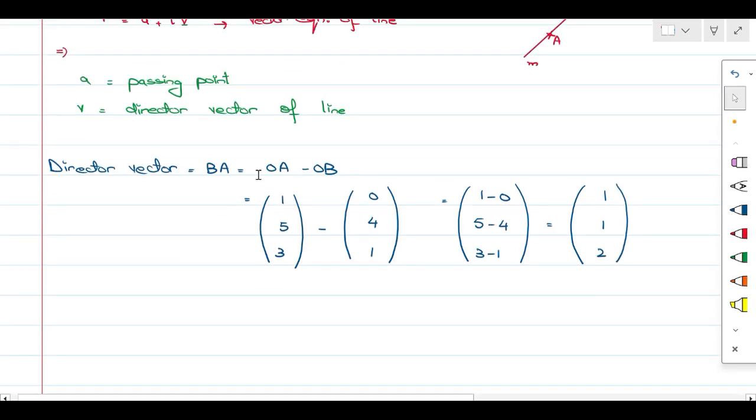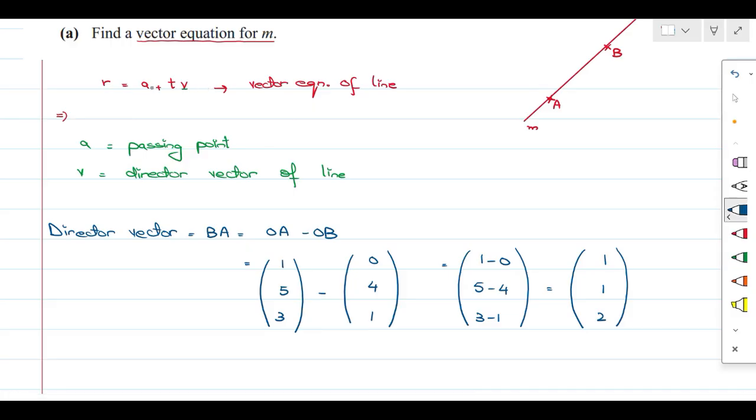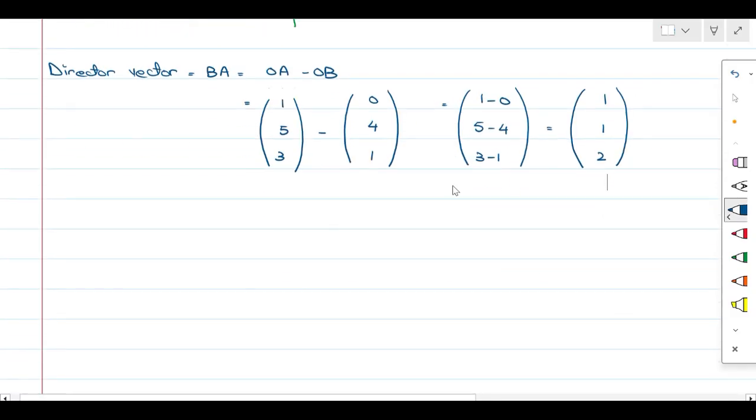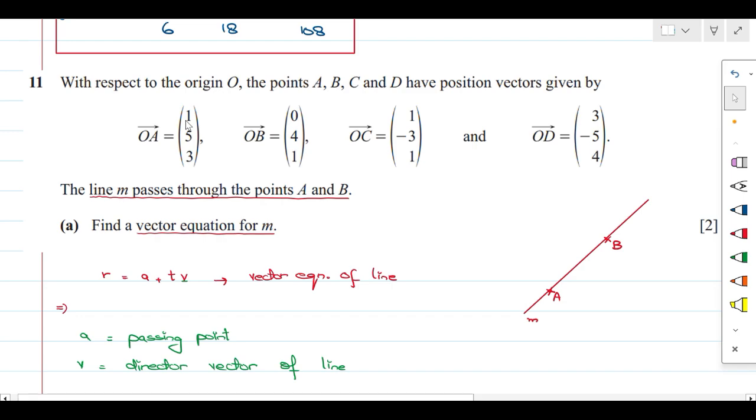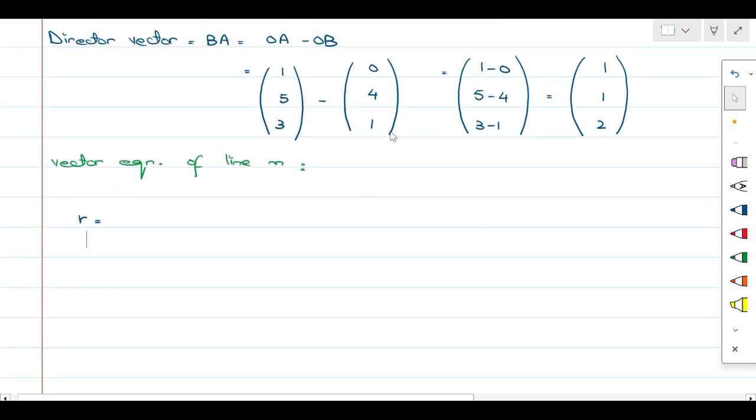So we need to put the direction vector over here, v, and a is a passing point. You can take point A or point B. This is up to you, right? So here we can say the vector equation of line M: r equals the passing point. I can take passing point A (1, 5, 3). You can take B as well.